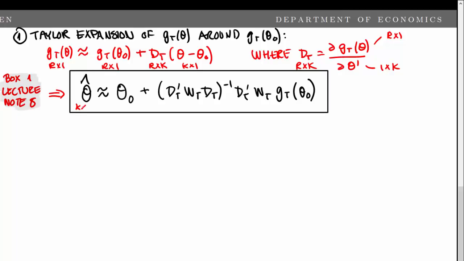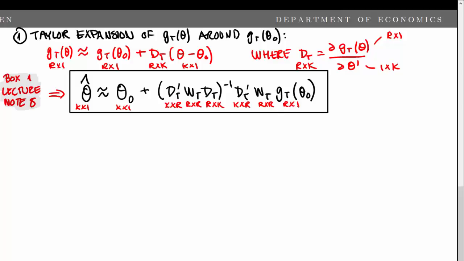The dimensions: this is a k by 1 vector, k by 1, D_T prime is k by r, r by r, r by k, k by r, r by r, and finally r by 1.